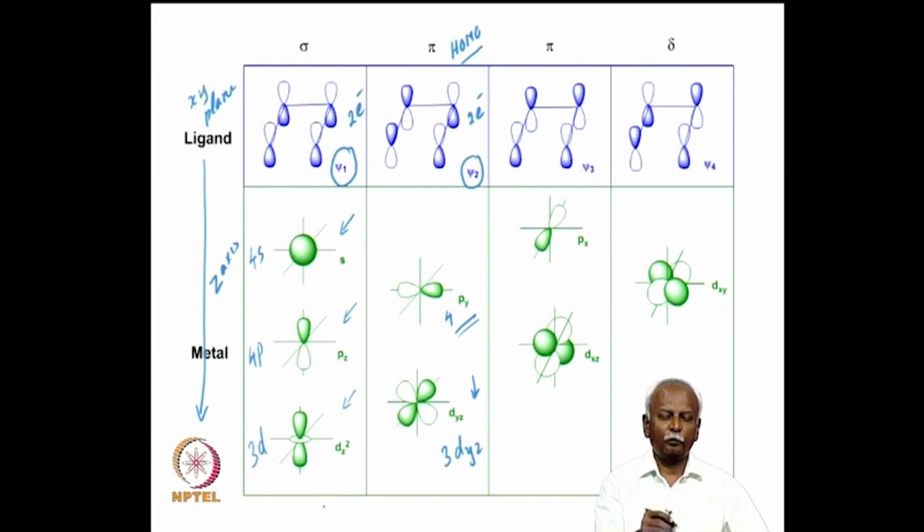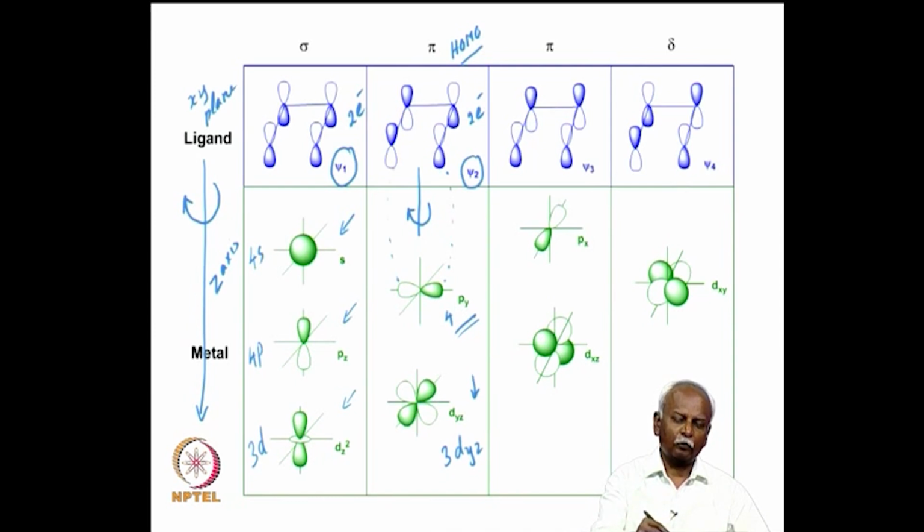If you rotate the butadiene around the z axis, if you carry out a rotation in this fashion, nothing would happen to the bonding interaction between the metal and the butadiene. On the other hand, if you take this combination and rotate it along the z axis, you will break the favorable interaction that is there between these two lobes.